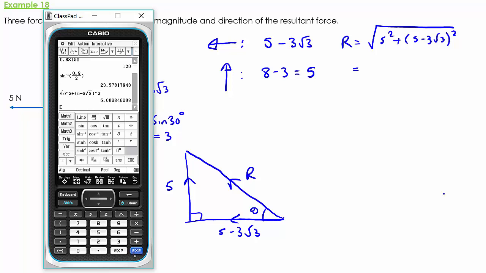And that gives me 5.00, so I'm going to call it 5.00.